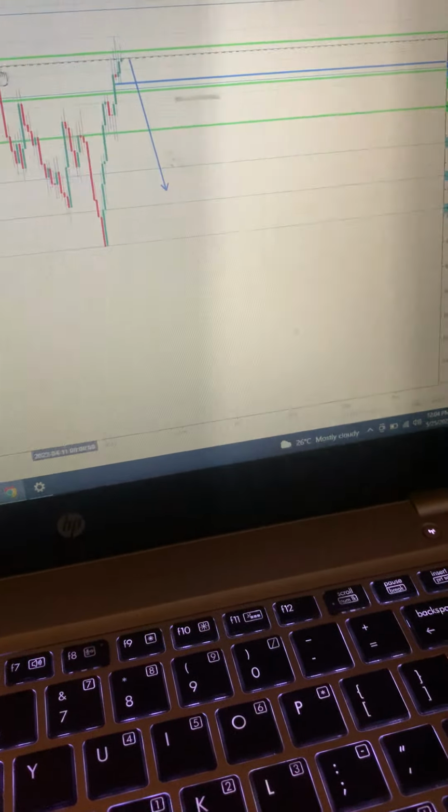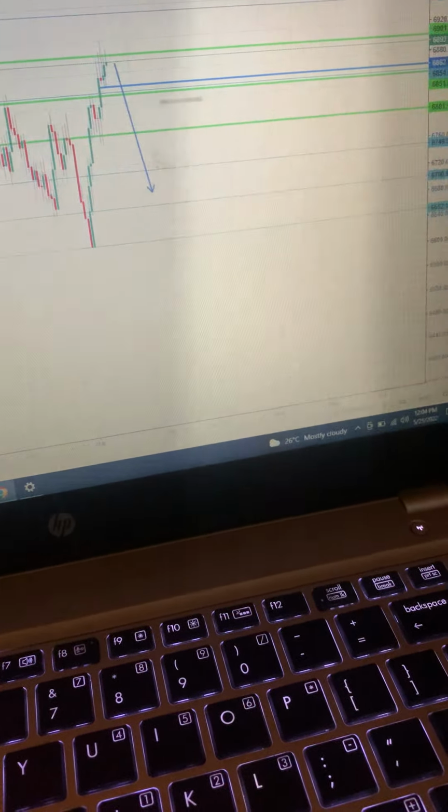From this point right here, as you can see on my screen, we're expecting this Volatility 10 Index to move to the downside. You can see at this level, price has reacted to it. The market was unable to break through this point from the very start.